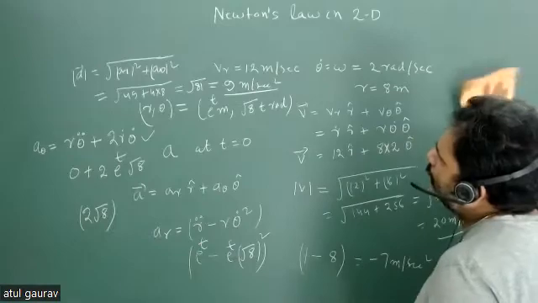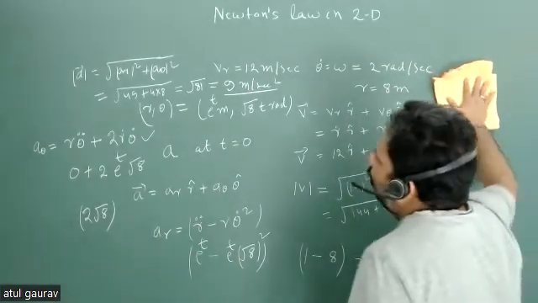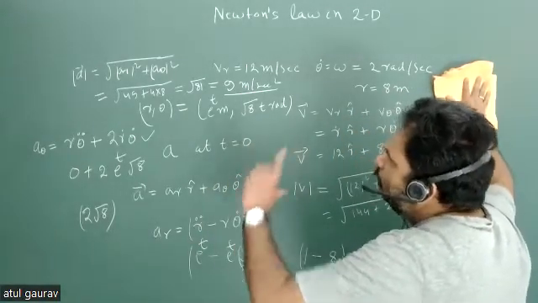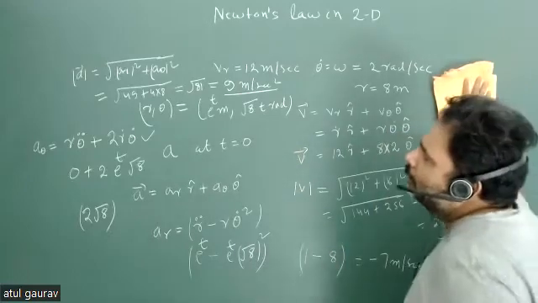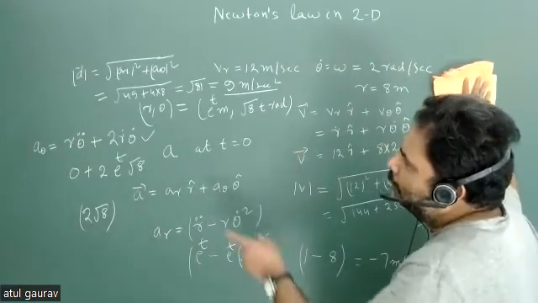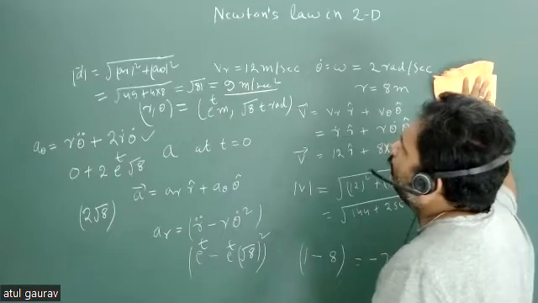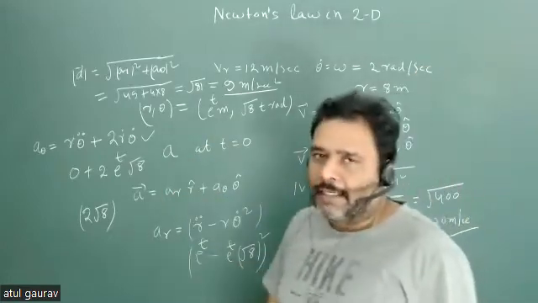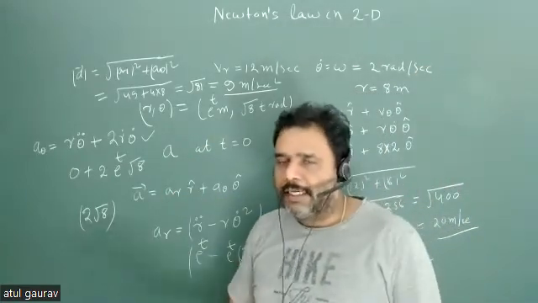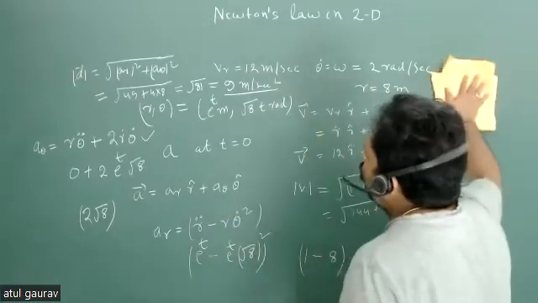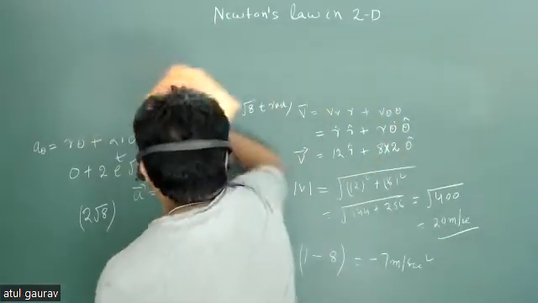This problem is one of my favorite ones, because we have to see what the concept is behind radial velocity and radial acceleration, as well as tangential velocity and tangential acceleration. The question is very interesting.